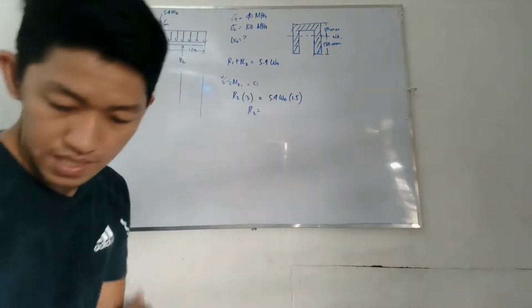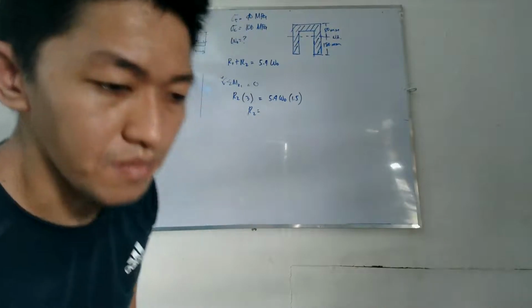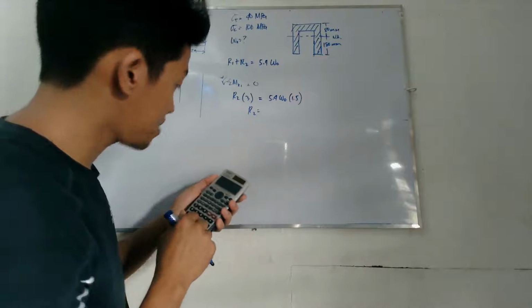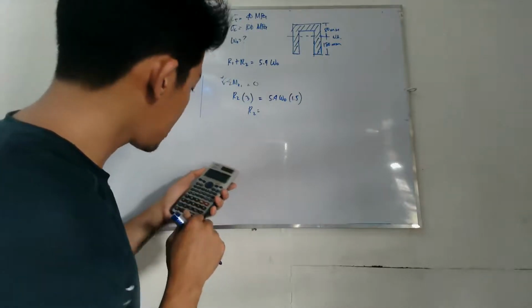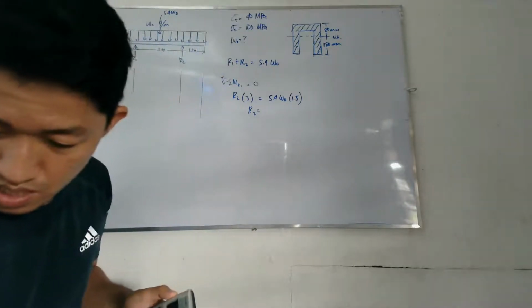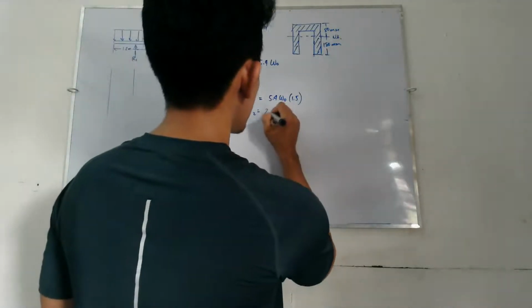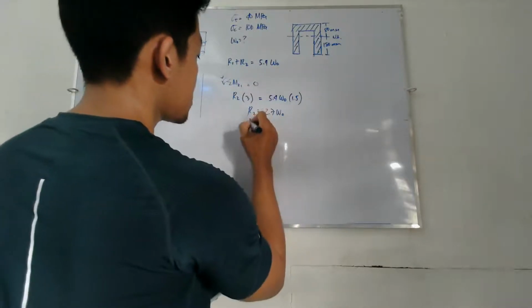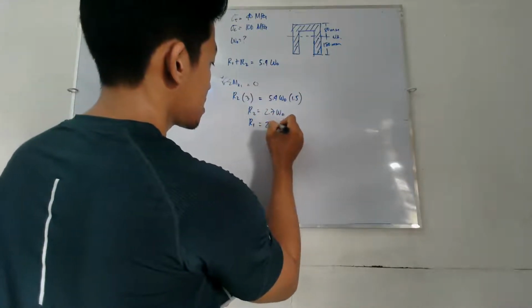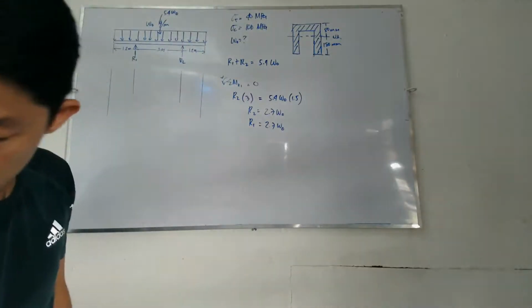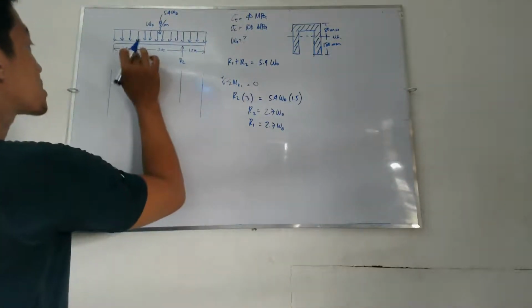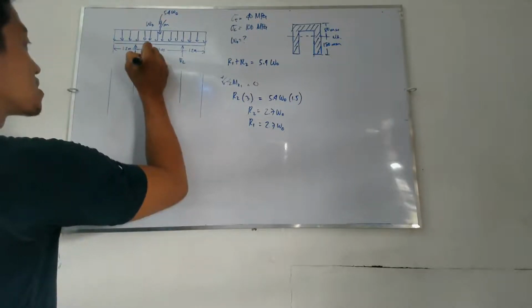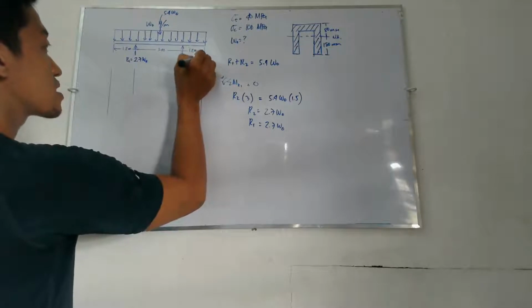R2 will be 5.4 times 1.5 by 3. 2.7, 2.7 omega O. So, nang i-substitute dire nga equation, R1 is 2.7. Okay? So, 2.7 din eh. 2.7 omega. Okay.